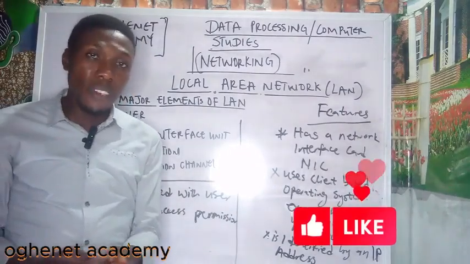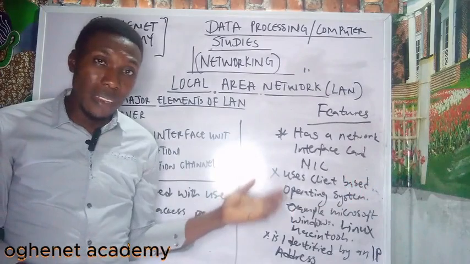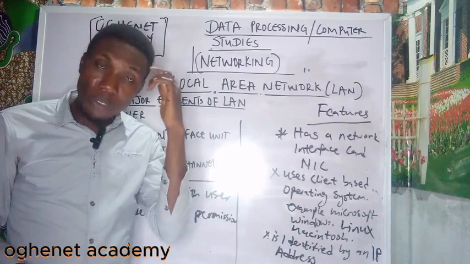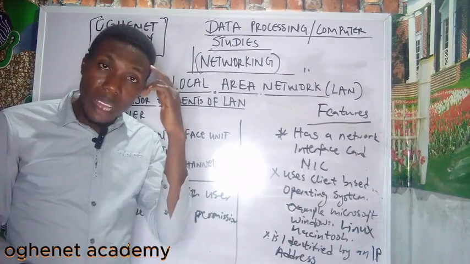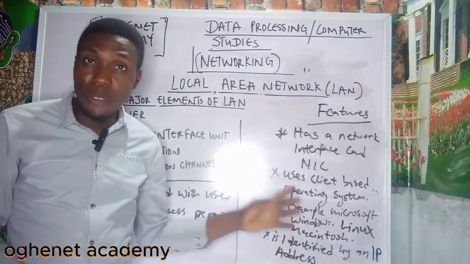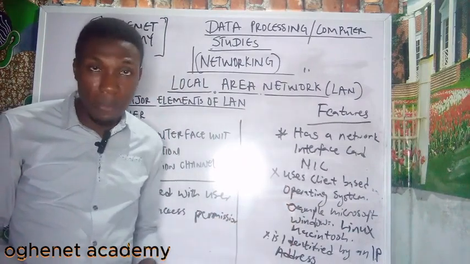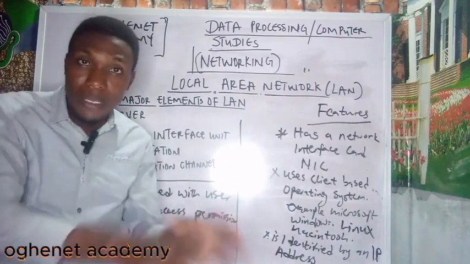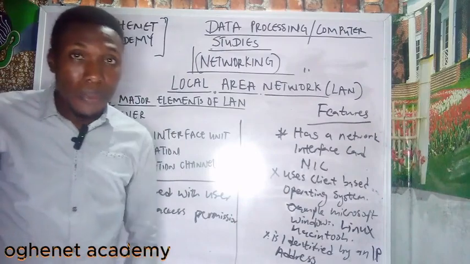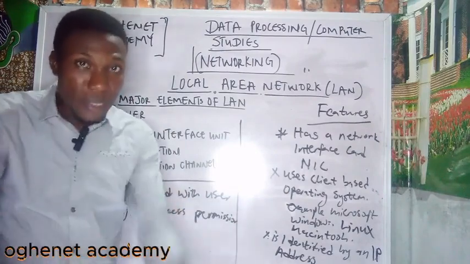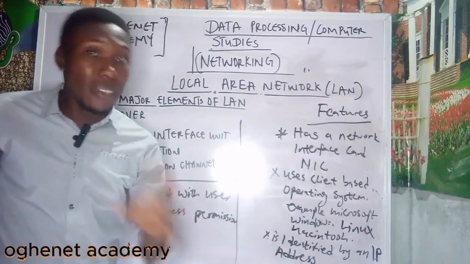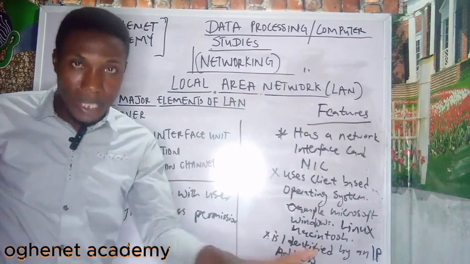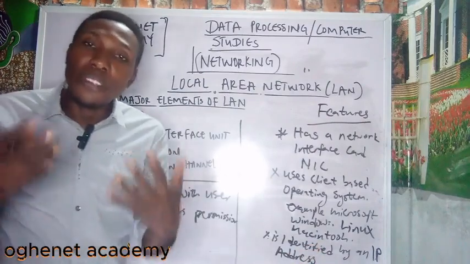Now take for instance, you want to implement your local area network. How can you access those files, those folders, and different other applications that you have placed in the server? It's through the workstation. The workstation is the computer that has been connected to the network. And then the user. Who is the user?